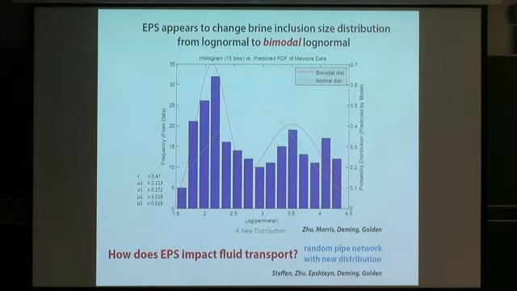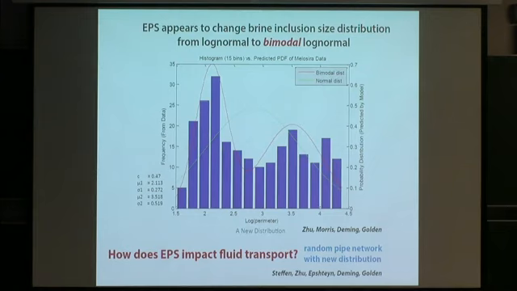From our point of view, in terms of these network models, that's the log normal distribution of brine sizes that I told you about originally, the normal one, without the algae. But now we've looked at new statistics of the sizes of the inclusions and you get this bimodal type of distribution.